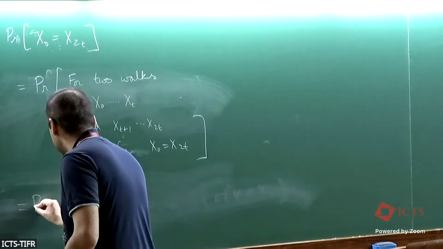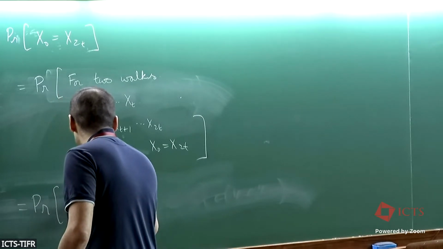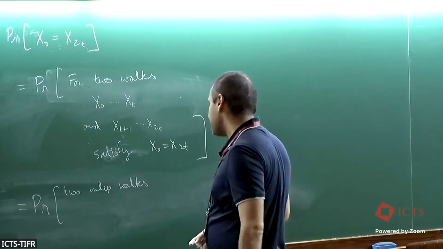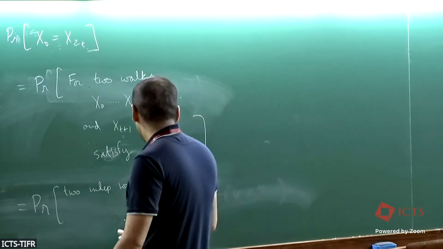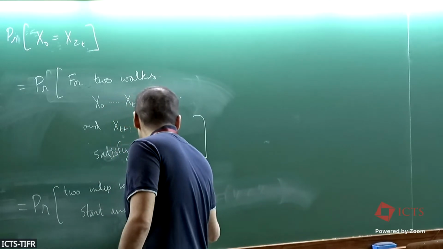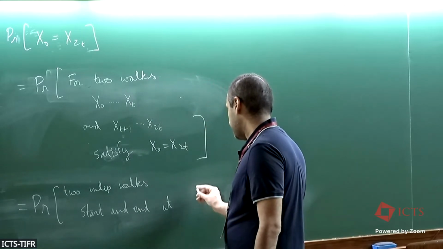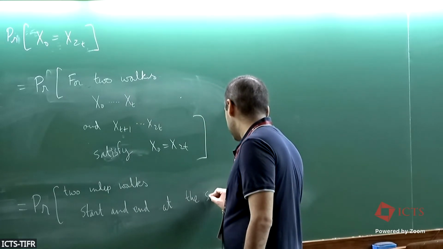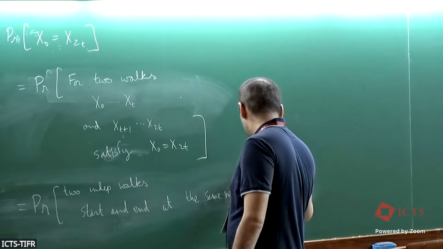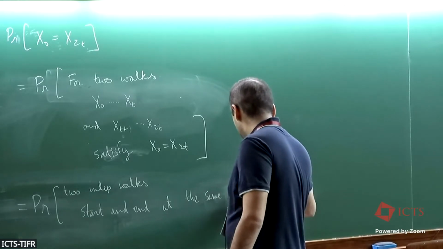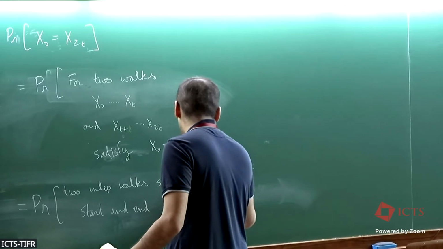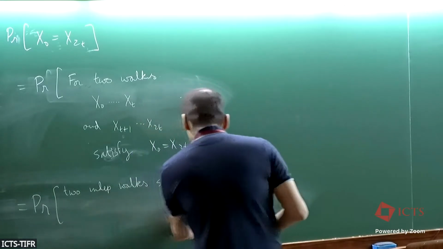So this is the probability that 2 independent walks, maybe 2 independent walks starting at x0, end at the same vertex.